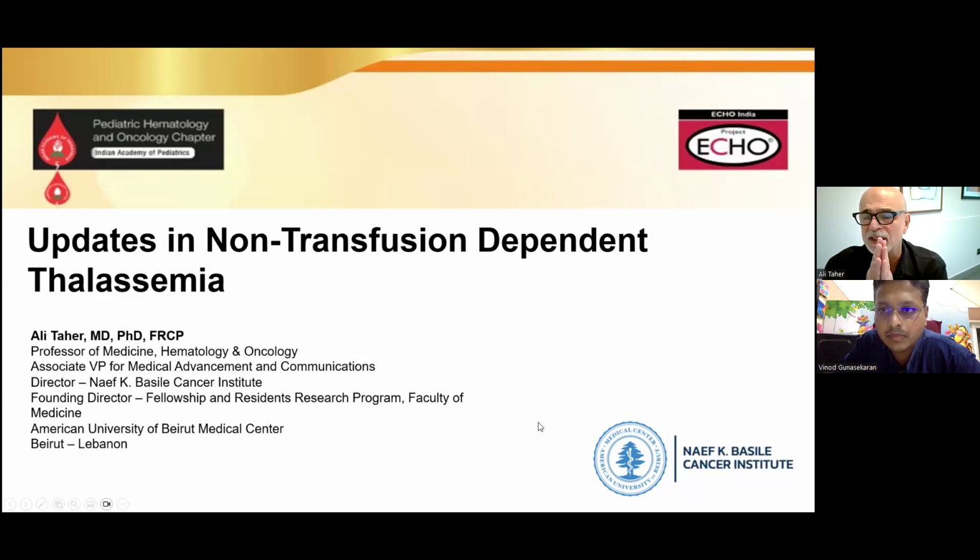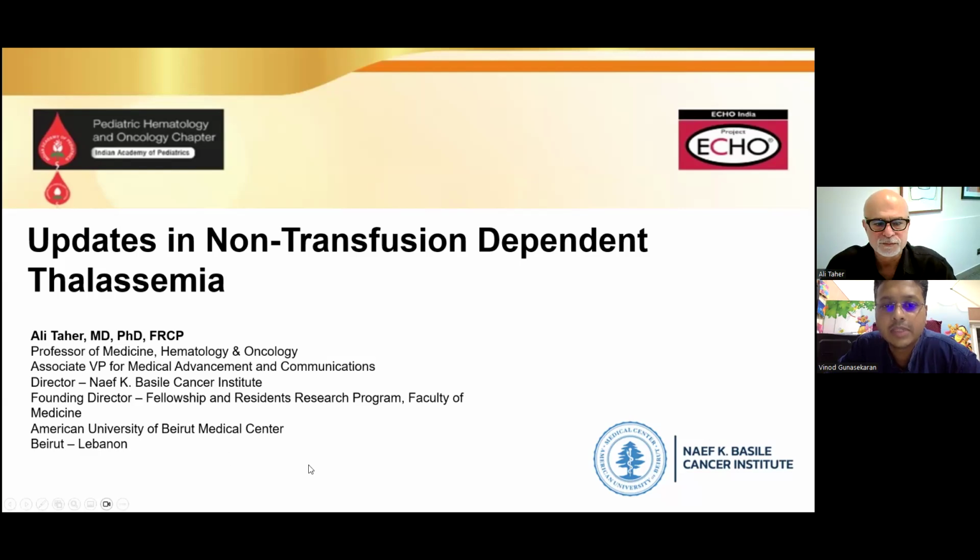What I do usually is, after the age of 18, where I see the patient, all of my patients are on aspirin, splenectomized or not, because some small studies previously had shown that it might be protective. But to tell you the truth, we don't have any evidence-based medicine related to aspirin in this group.